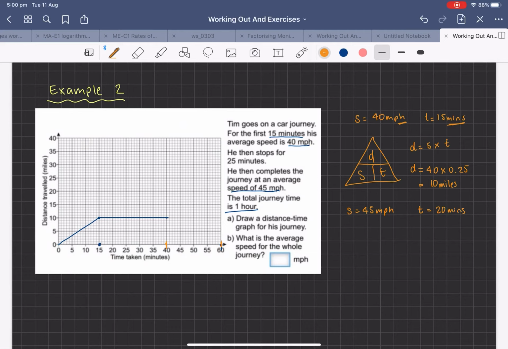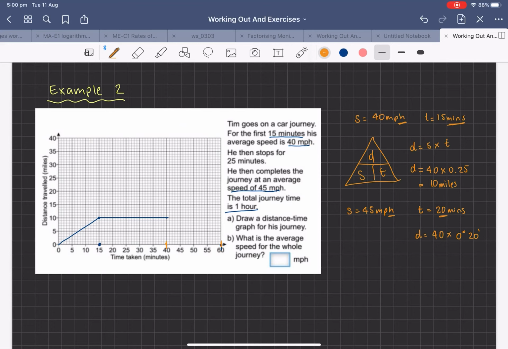And again, I need to work out the distance that he travels, so I know where to put the dot on the graph to join it together. So it's going to be 40 times, remember it's not going to be 20 because it's in hours and minutes. So in your calculator you can use the degrees, minutes and seconds button.